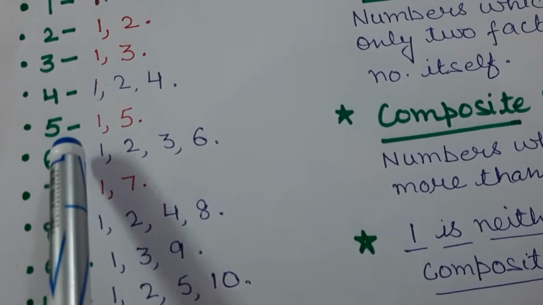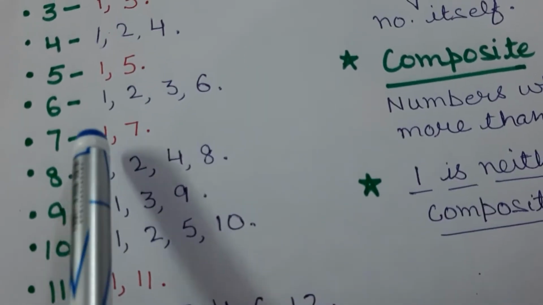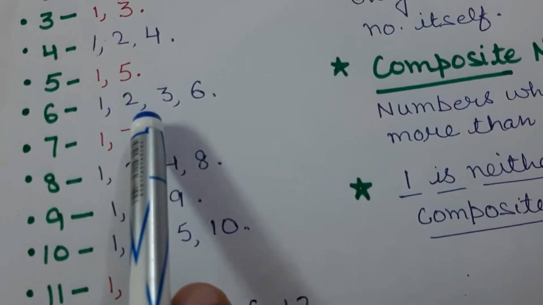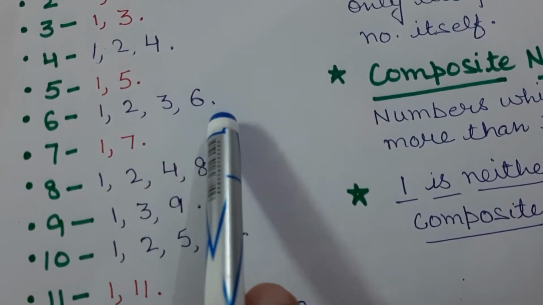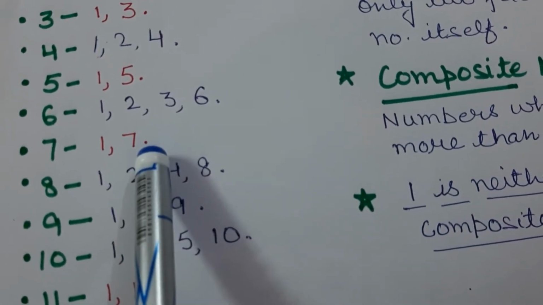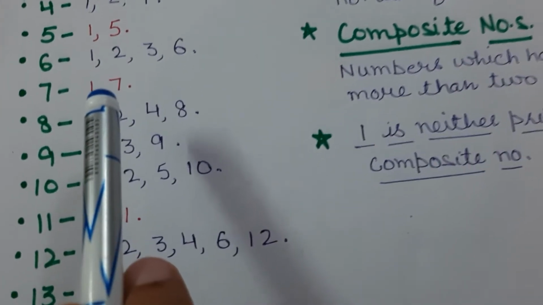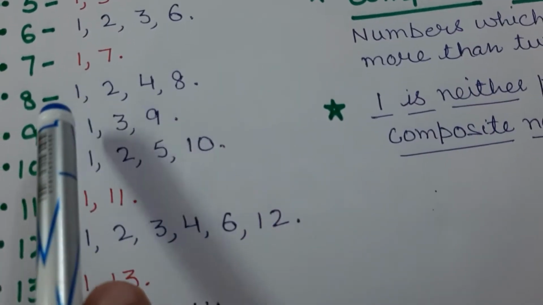Then 5: 1 and 5. Then 6: 1, 2, 3 and 6. 7: 1, 7. Writing factors you have done in grade 4, so you know very well how to write factors.